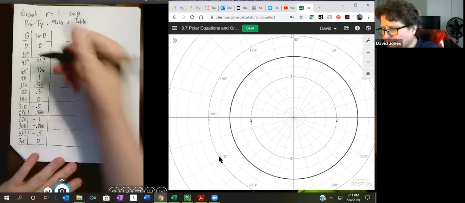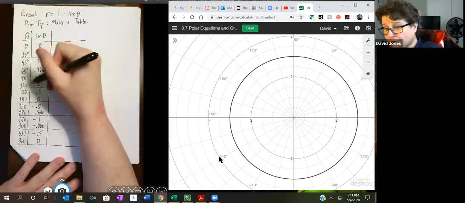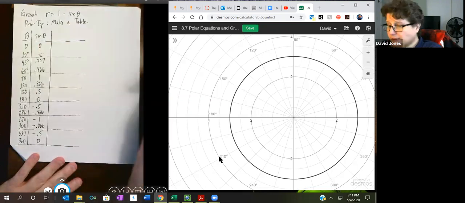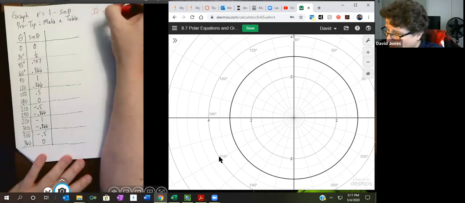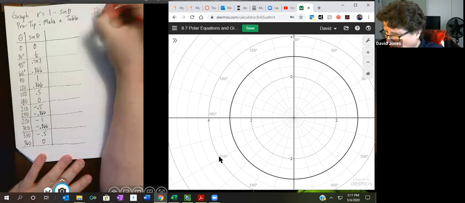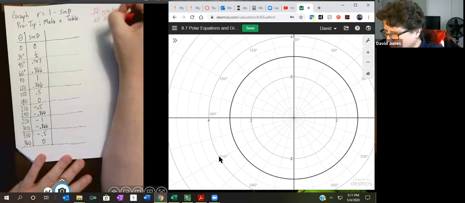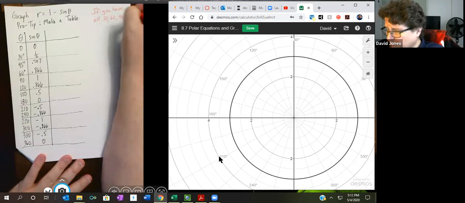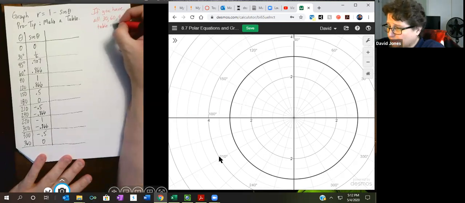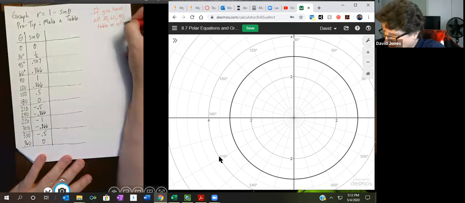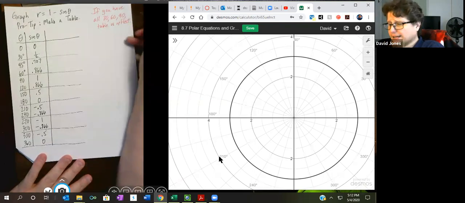If you have all the 45-degree marks in there, let me make a note of this. If you have all 30, 60, 90, the table is symmetric, or reflective, is reflecting.